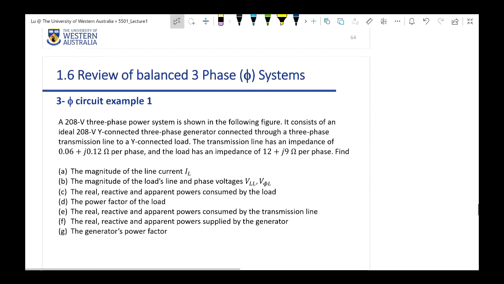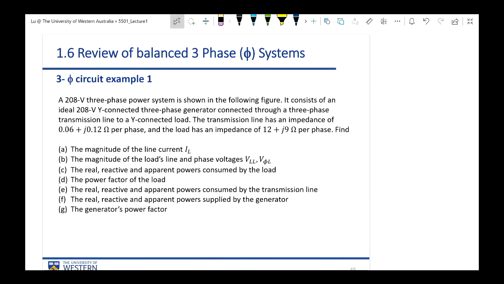Okay, that should be a simple question. Now, an example. This question is a little bit long, so after this question, let's take a short break. I hope this question is easy and can help you fully understand the relationships in the three-phase power system. In this question, 208 volts.